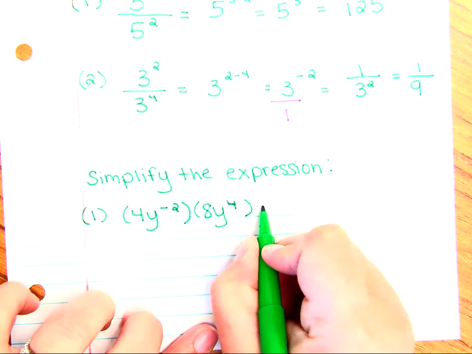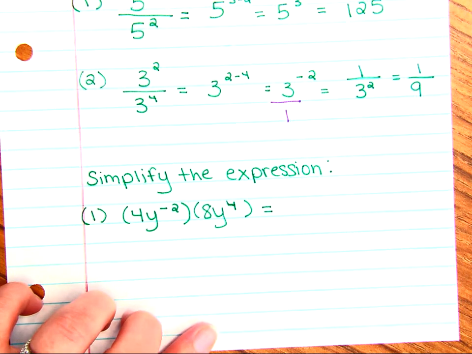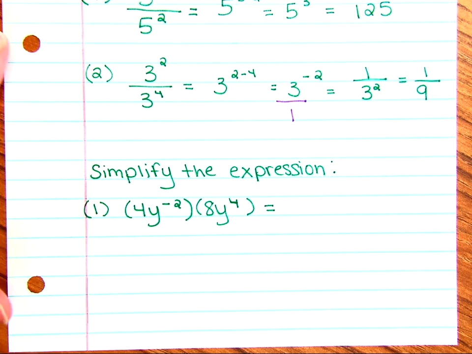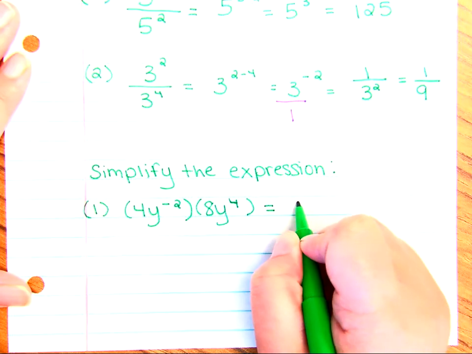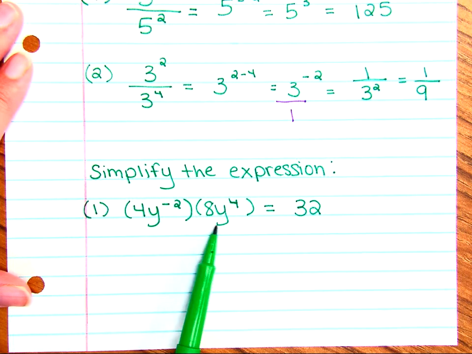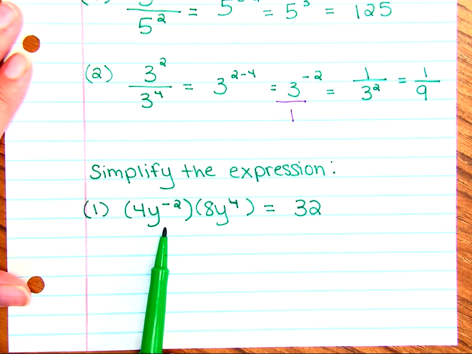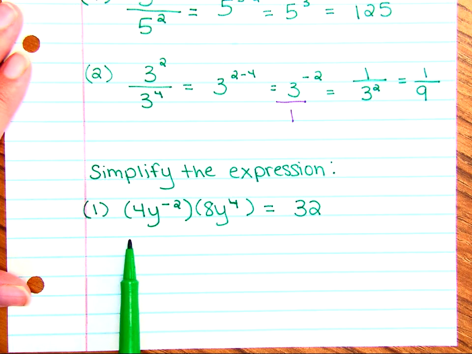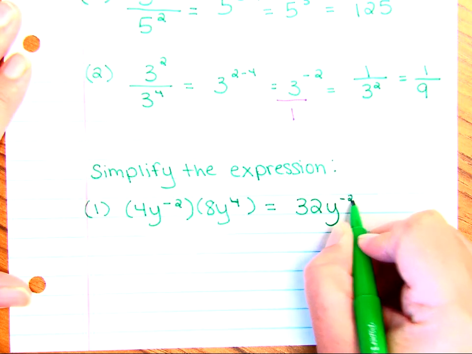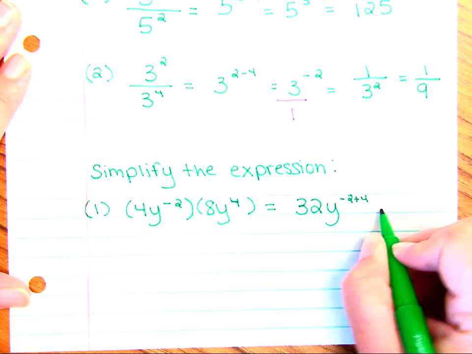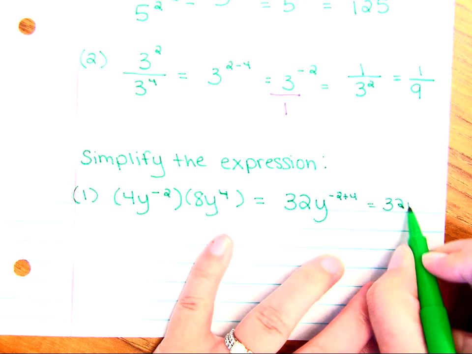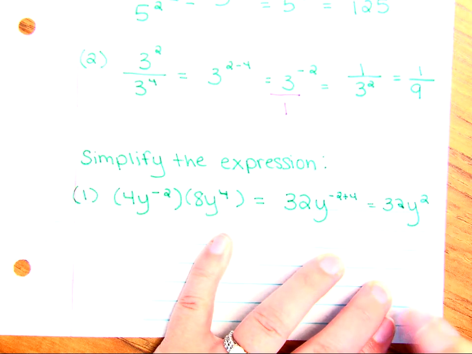So here, the 4 and the 8 are going to go ahead and be multiplied together. So we've got 32. And here I am multiplying exponents with the same base. So instead of subtracting them, I go ahead and add. So I'd have y to the negative 2 plus 4. So really this is 32y to the 2nd power.